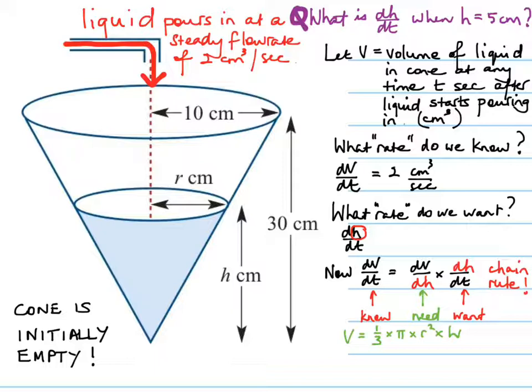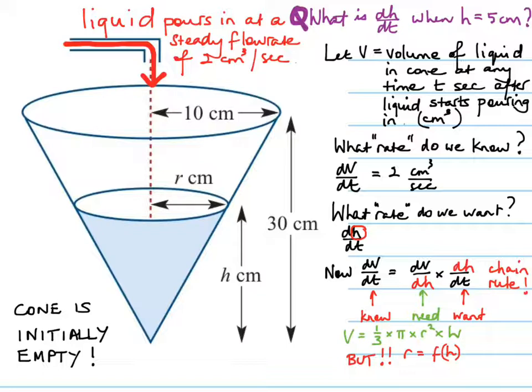Now, we've got our formula, haven't we? So shouldn't we be able to do dV/dh now? There's a problem. And that is that r and h are both variables and are both connected. Yes, they're both connected. In fact, r is actually a function of h.